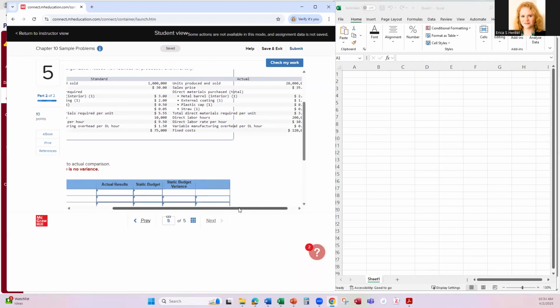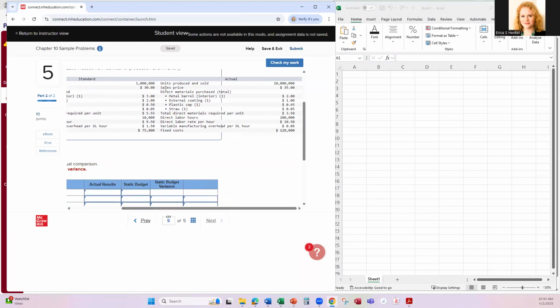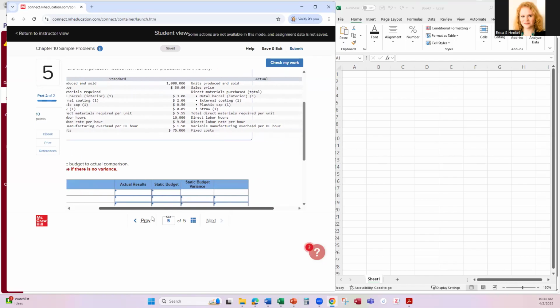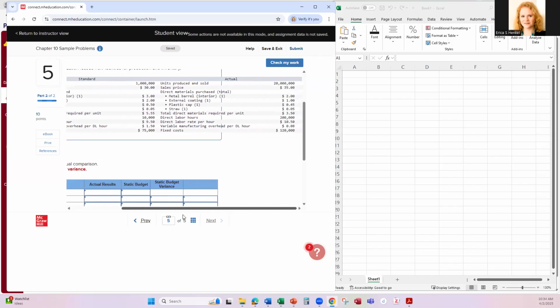I can see they have the same labels, so now I can see them both, and I know the one on the left is standard. So in terms of units produced, our standard amount was 1,000,000 for our static budget.